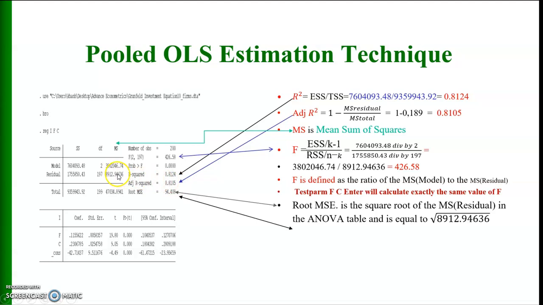This is the MS residual in the ANOVA table, and that is equal to the square root of 8912.94636. If you take the square root, the value is equal to 94.438. Now we should note that root mean square error is the standard error of the residual.